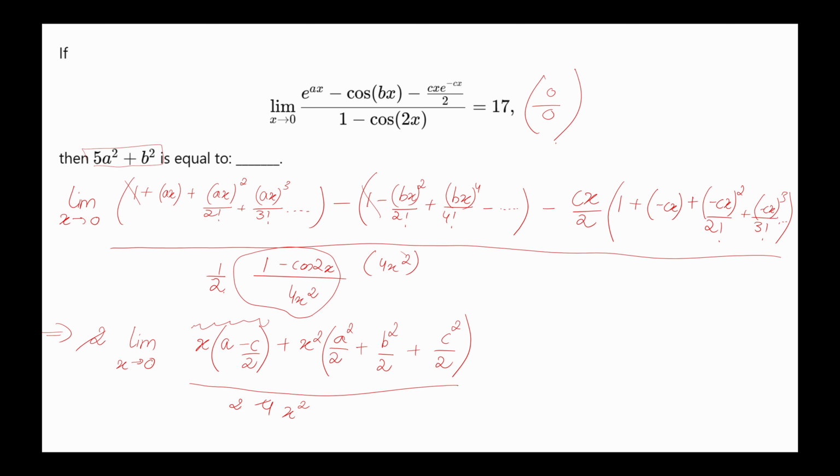I took only x and x square, and I had to make the x term 0 because they were two separate terms. I couldn't cancel out x square. So I had to make that term 0. So a minus c by 2 became equal to 0, and from there we got our solution. So basically when x tends to 0, it is completely the reverse of what we used to do for infinity. So that is how you get your answer.